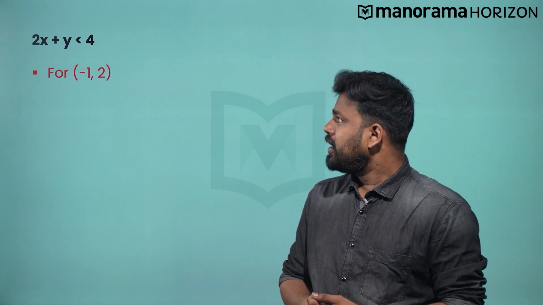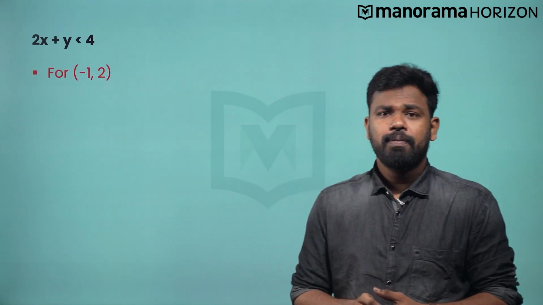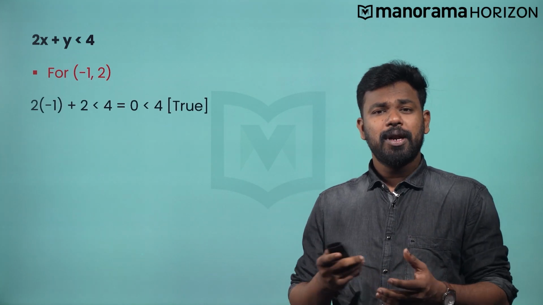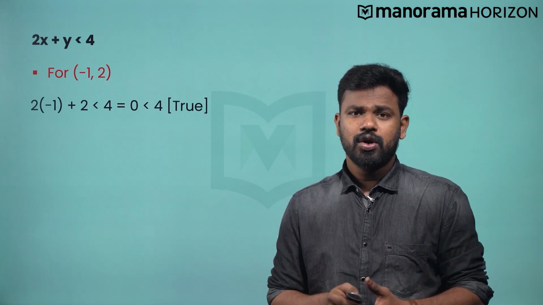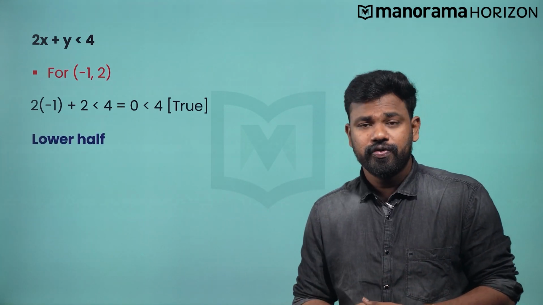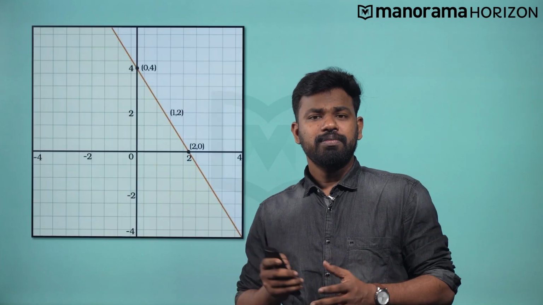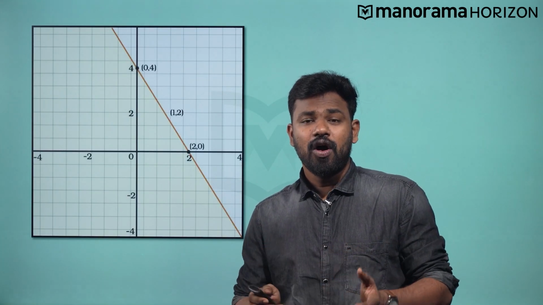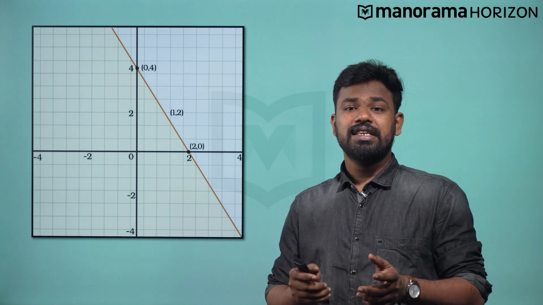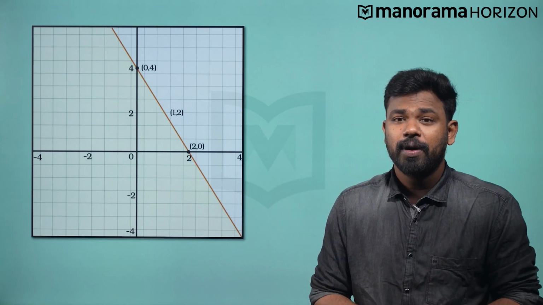Yes. Now let us assume another point here, that is (-1, 2). When you take (-1, 2) and substitute that in the equation, we get 2 into minus 1 plus 2 less than 4, 0 which is less than 4, which satisfies the lower half of the equation. From this, it is very clear that all the points (x, y) satisfying the equation ax plus by less than c lie on the lower half plane.